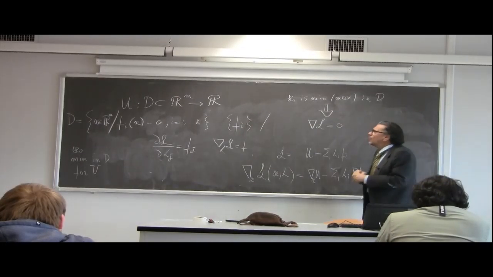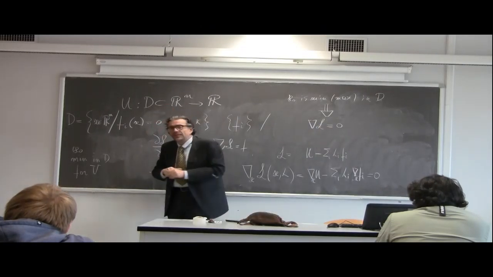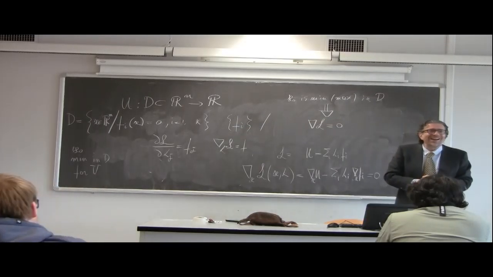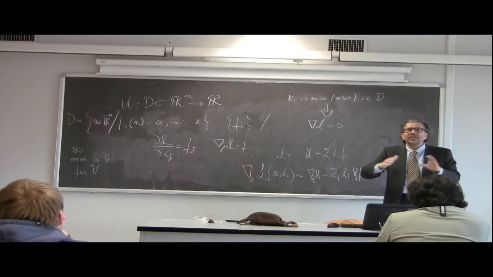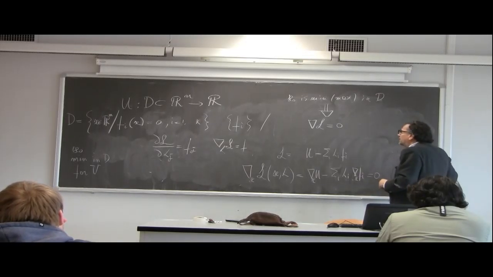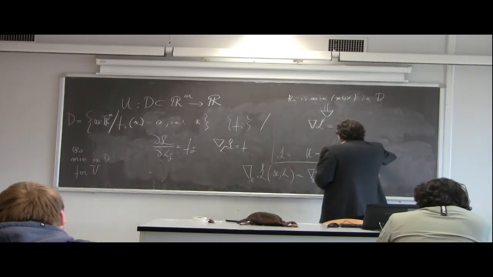Okay. So I want to maximize U on this embedded manifold. You can learn it by heart without asking why, and many people do, the trick. I built a Lagrangian.